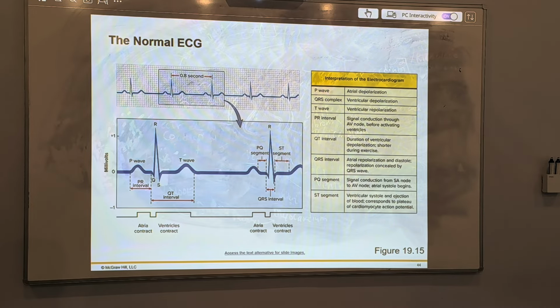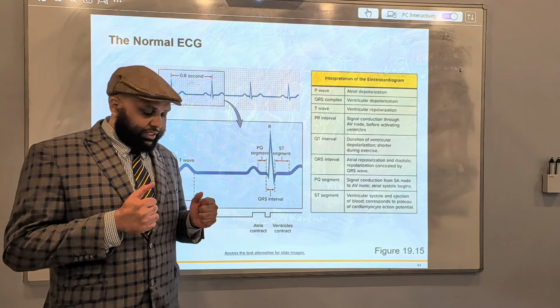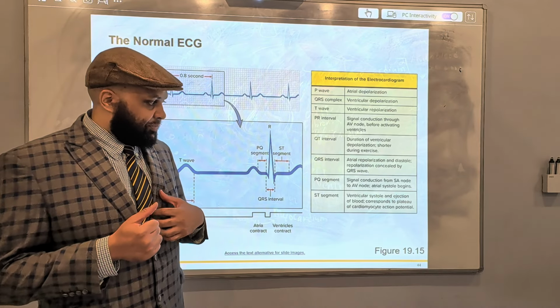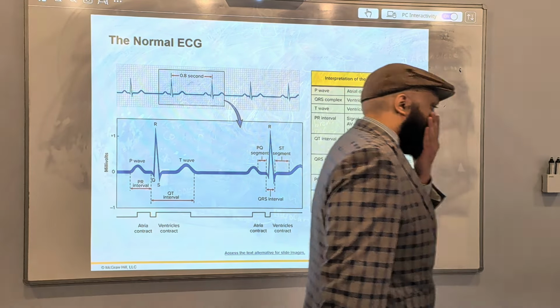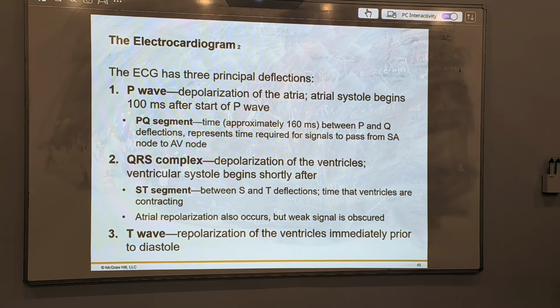The ST segment represents ventricular systole and the ejection of the blood. That means the ventricles have now shut down completely and blood has been ejected from the heart. The P wave represents the depolarization of the atria, and the atrial systole begins.